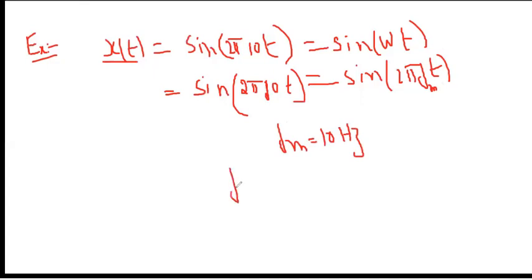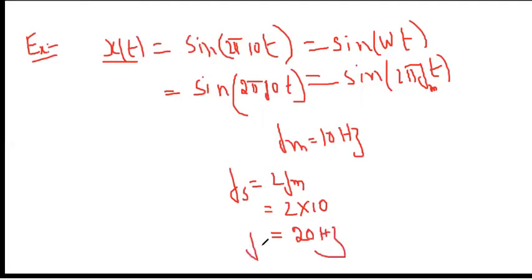Now the sampling frequency for the given signal is 2 fm, 2 into 10, not kilohertz, it is only 20 hertz. Fs is equal to 20 hertz. It is a single tone, because it has only one signal, a sinusoidal signal. Comparing the given function with sine omega t, you can represent omega as 2 pi fm.